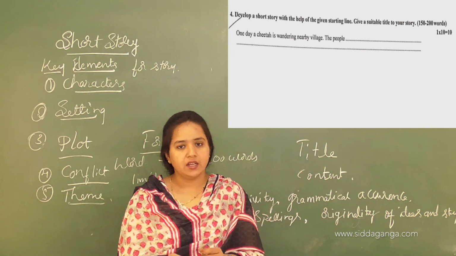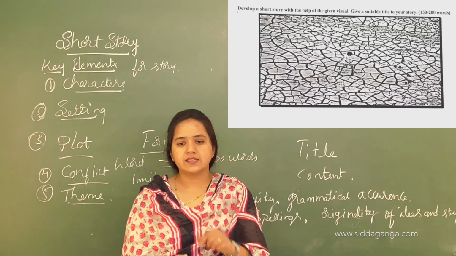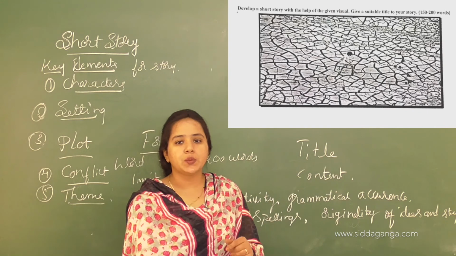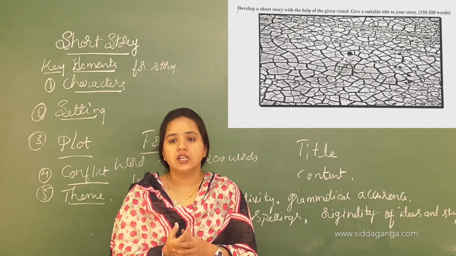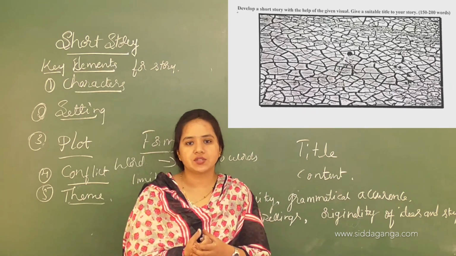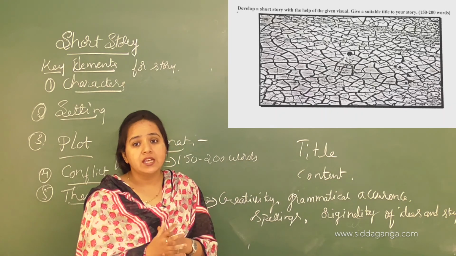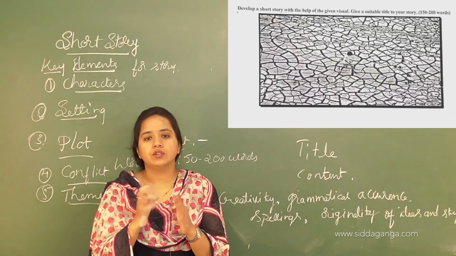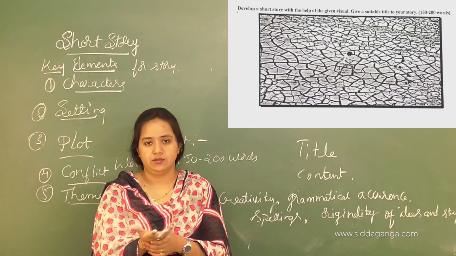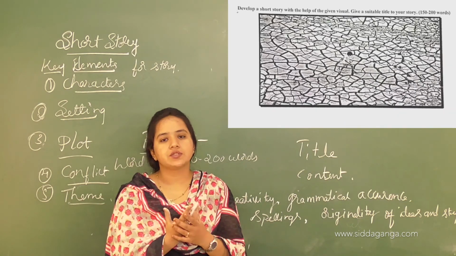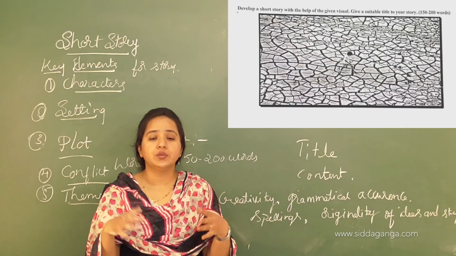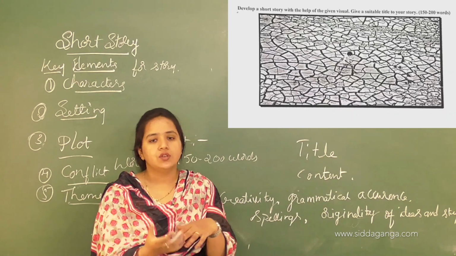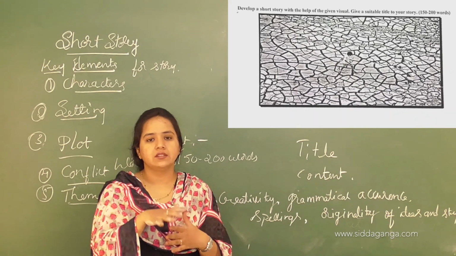And the next is a picture. Develop a short story with the help of the given visual, and give a suitable title to your story. With this image, you need to develop a story with a title, based on what you think and how you create your own story. On that basis you will get the marks.